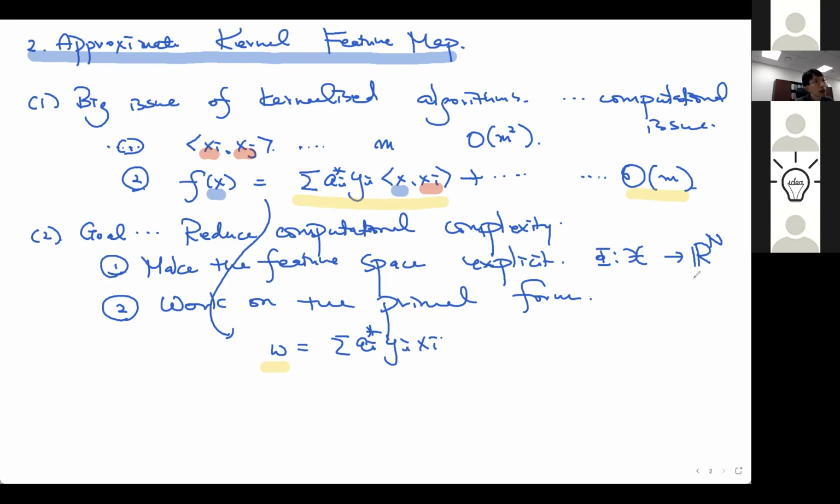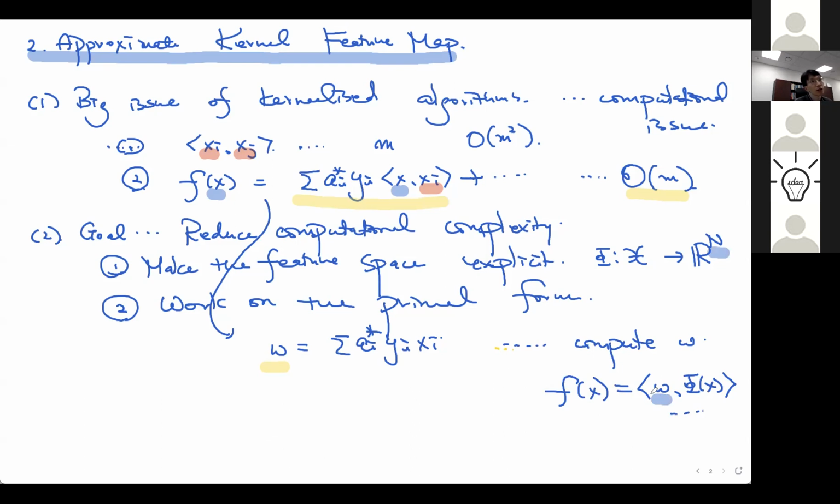Now, the idea of working on the primal form is really directly computing W. So we want to compute this guy, and then express f of x in terms of W directly. So then if n is not very large, then in a sense W can be represented compactly.